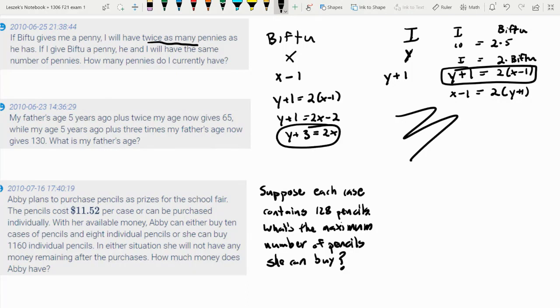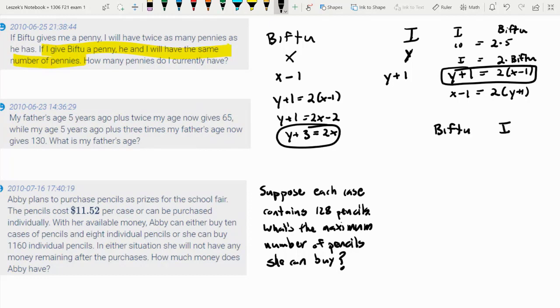That's one equation. So then we have another scenario, right? If I give Biftu a penny, he and I will have the same amount. Okay, so highlighting that, let's write down what that means.